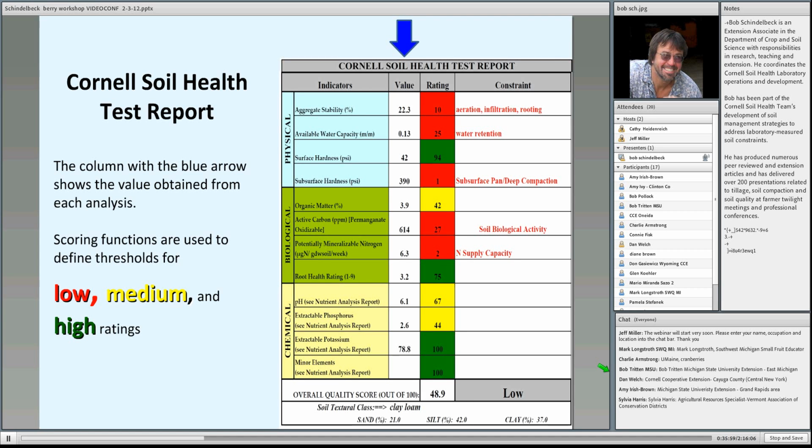The lower 30% of scores in the database are scored red, and that's useful for developing what we call constraints on the far right. So if a value comes back in the lower 30% for its soil texture, then we would say yes, these functions are certainly below an optimum or room for improvement.